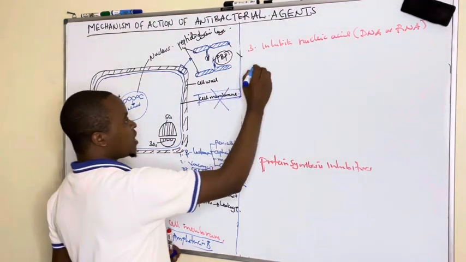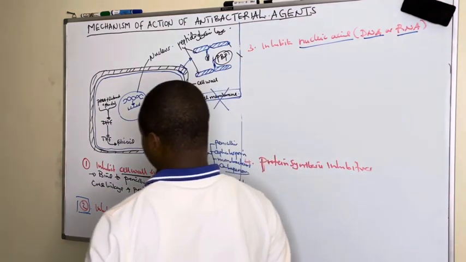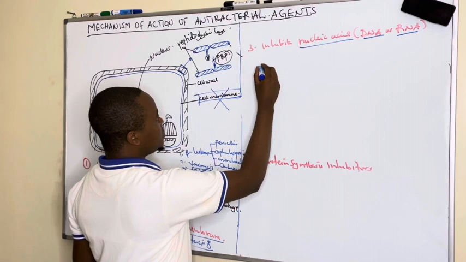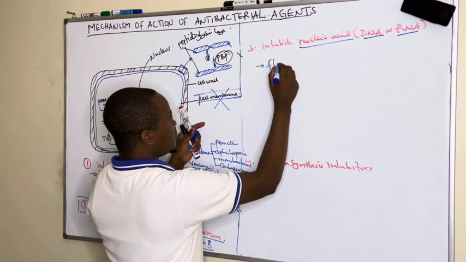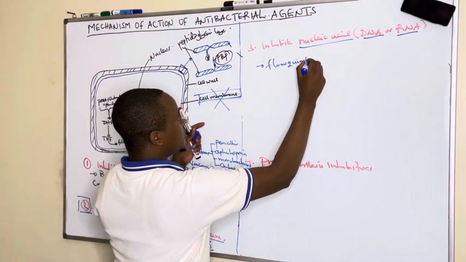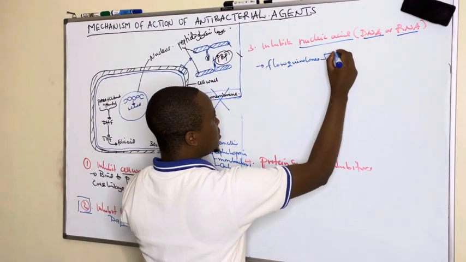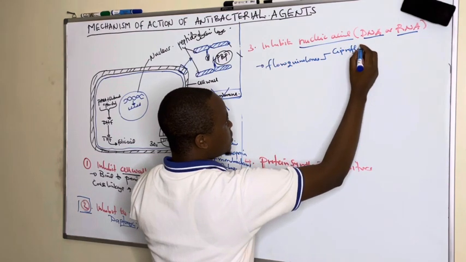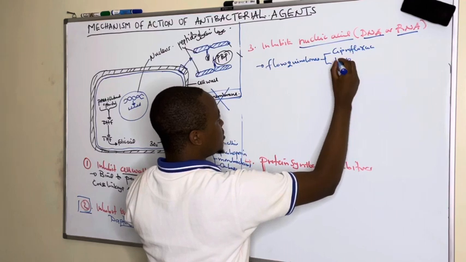Then number three, we can look at nucleic acid: those that inhibit DNA and RNA synthesis. Examples include the fluoroquinolones, and these fluoroquinolones include ciprofloxacin and levofloxacin.